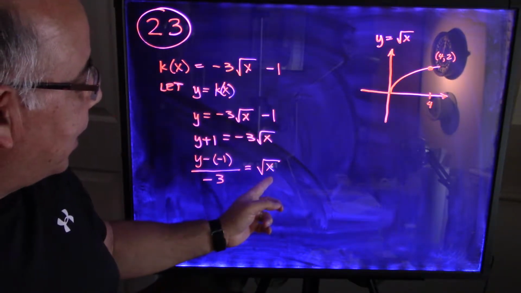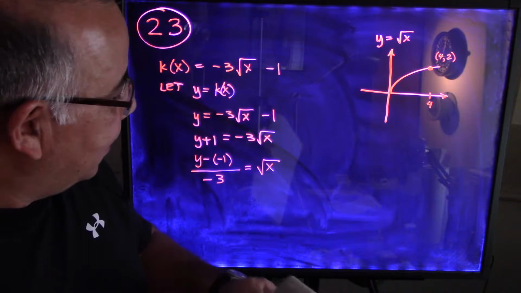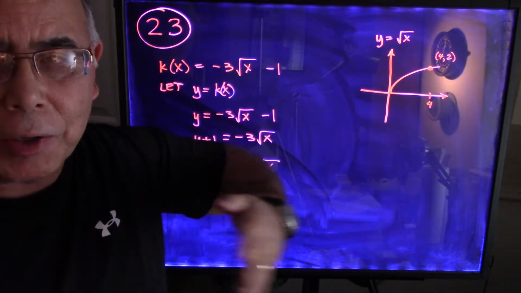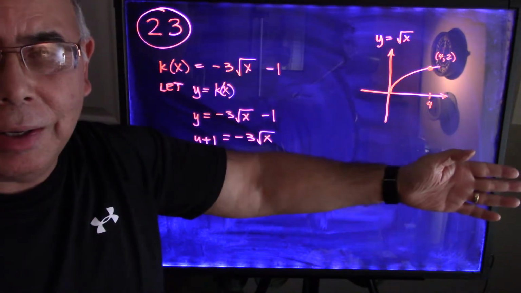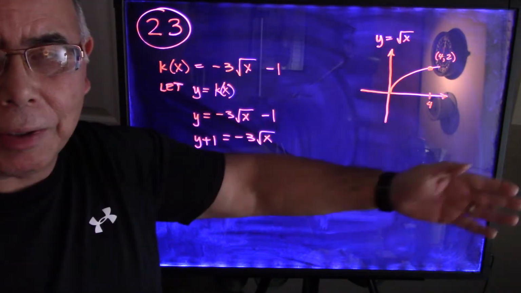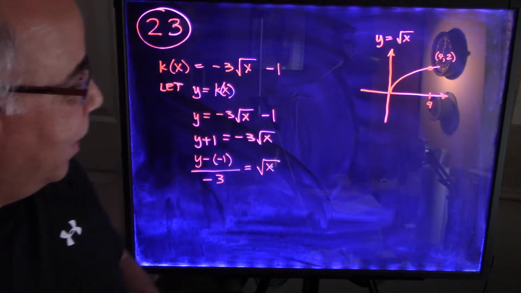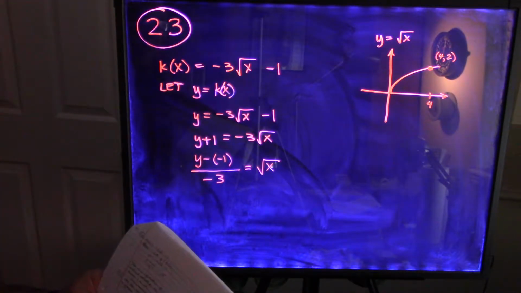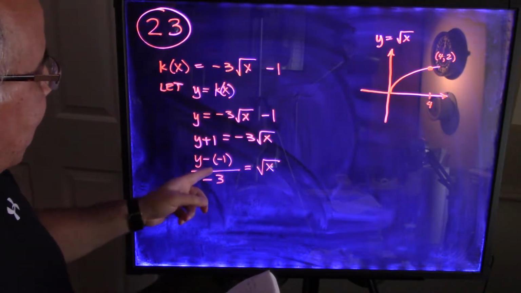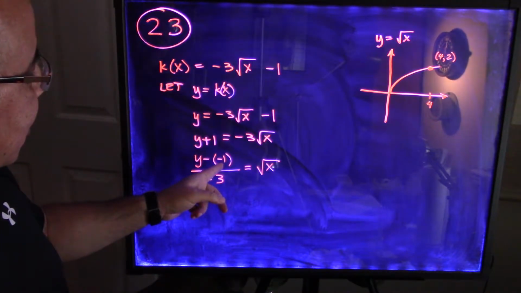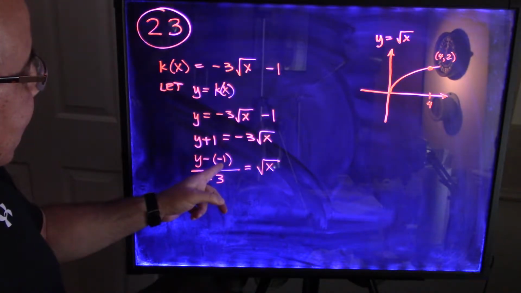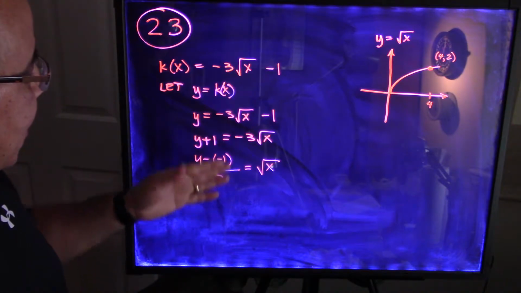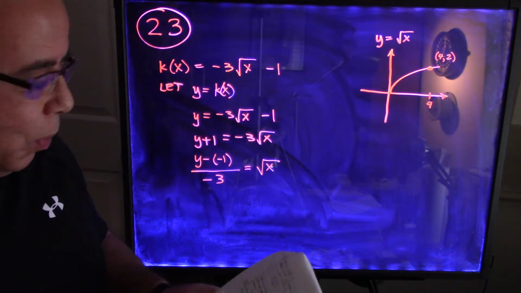If it were under the x, dividing the x, then think of a horizontal flip across the y-axis, a horizontal reflection. If you visualize that in your mind, you won't go wrong. And then we also have a shift down 1 unit. That's next to the y and it's negative, so it's a shift down 1 unit.